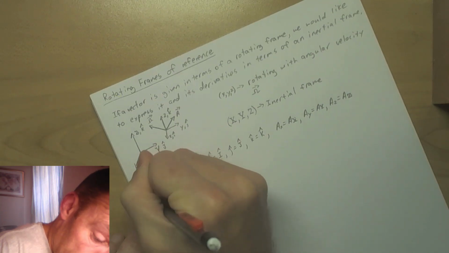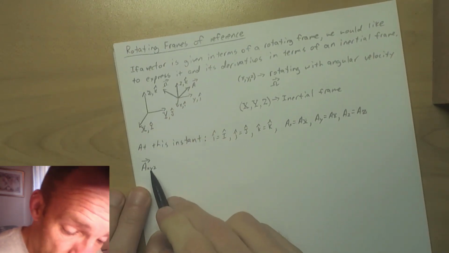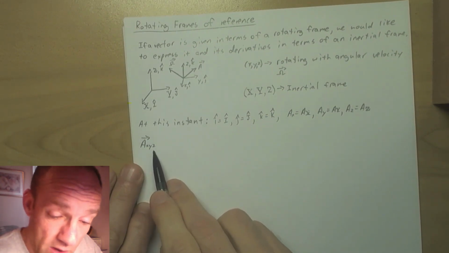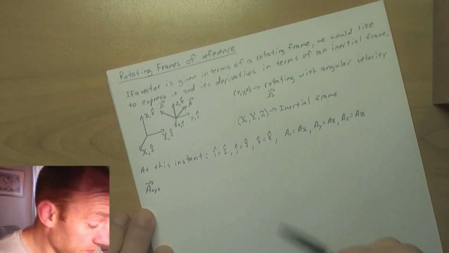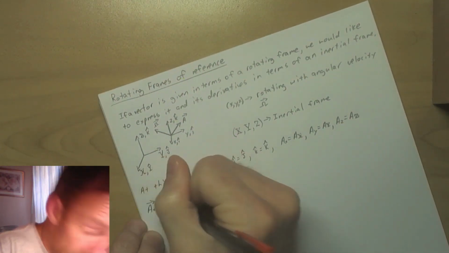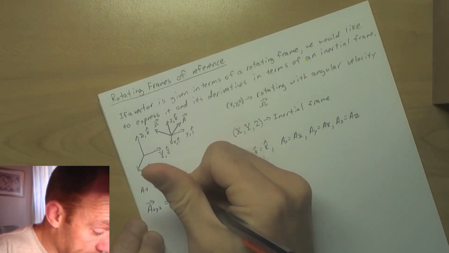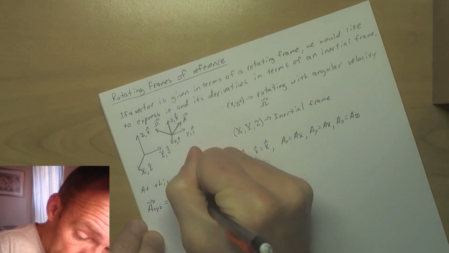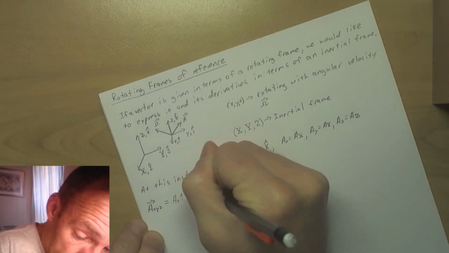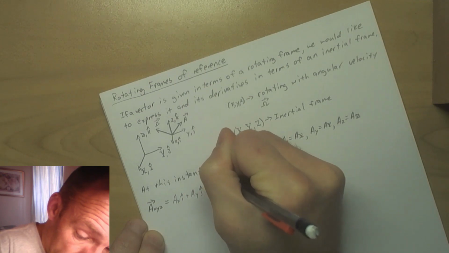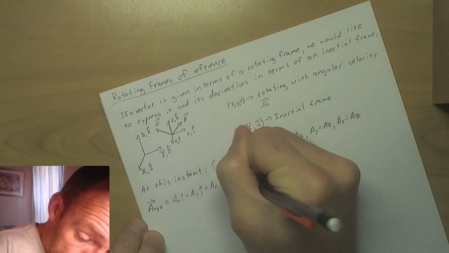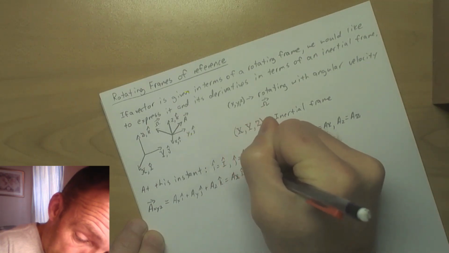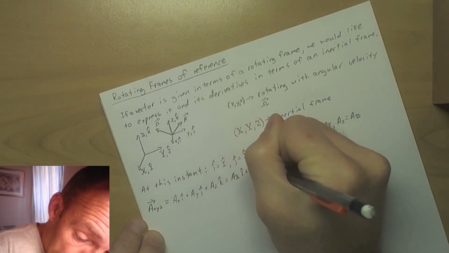So the vector, I'm going to use this notation. The vector A, as seen from the rotating reference frame XYZ, is equal to... this is a little bit redundant, but it's really just a restatement of this.